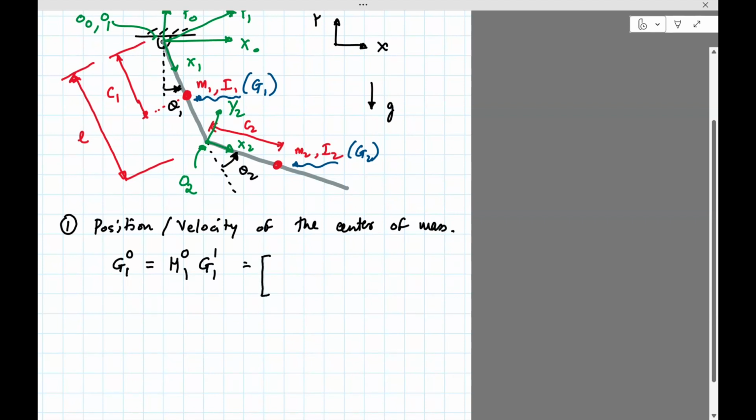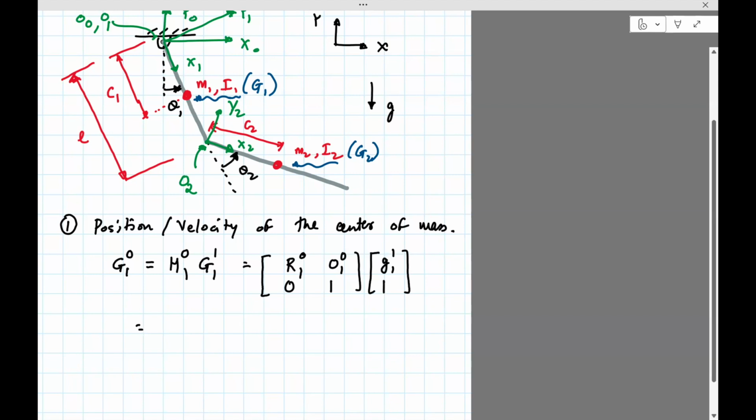Okay, so H10 is R10, there's a 0, which is a 2 cross 2 matrix, remember? And then this is O101, the placeholder. And G1 would have the coordinates of G1 in frame 1. I'll use a small g to indicate it's the xy coordinate, and then this 1 is a placeholder.